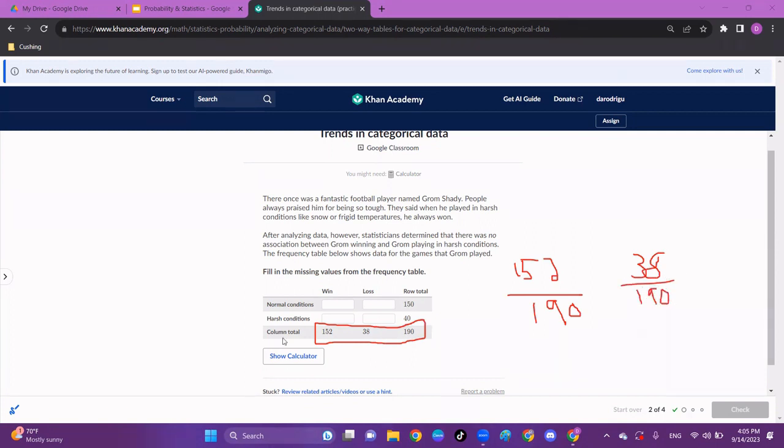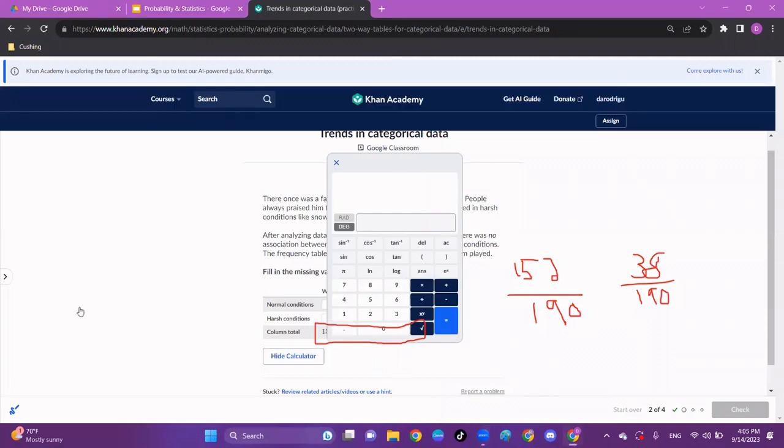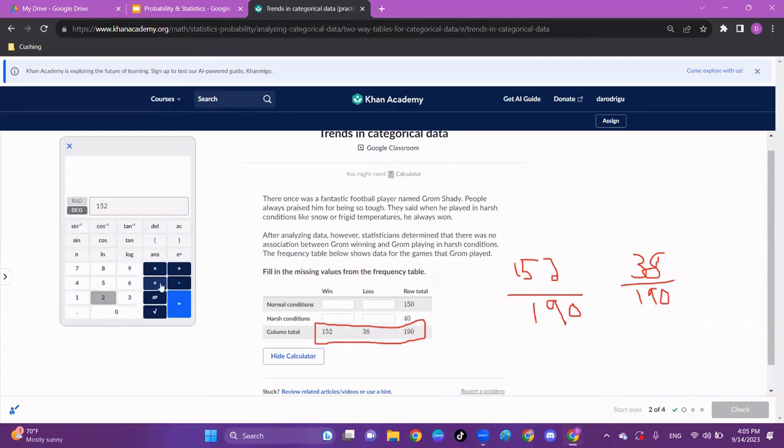If I find the percentages, 152 over 190, Brady is winning 80% of his games. Love that, nice clean number. So 80% of the time, Brady's going to win, 20% of the time he's going to lose, and the conditions don't matter. That helps us a lot in answering this question.